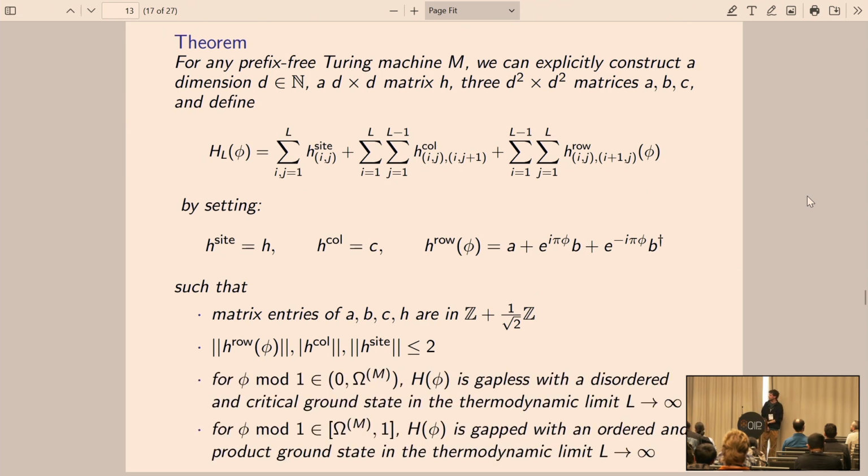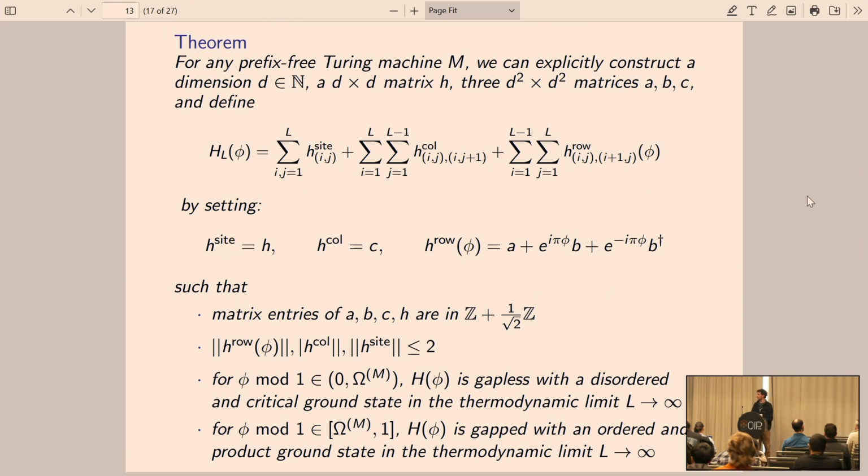And then the resulting phase diagram, for values of this external parameter phi mod 1 that are less than Chaitin's constant, the system's going to be gapless with a disordered and critical ground state in the thermodynamic limit. And we're going to be able to identify a local order parameter such that the expectation of this order parameter in all low energy states is 0.